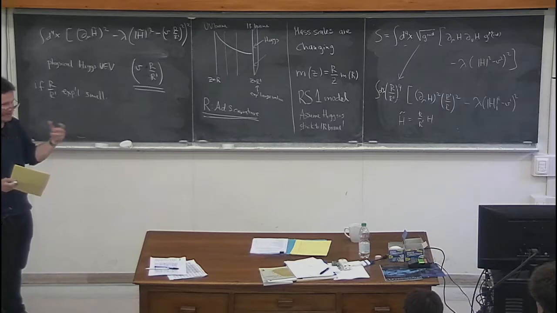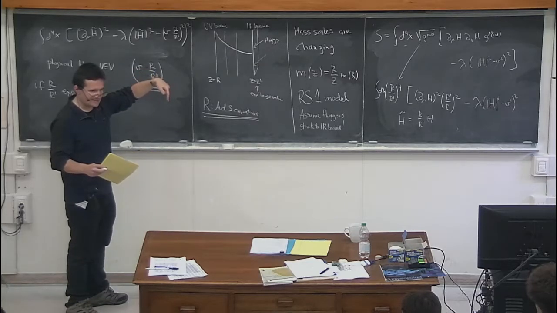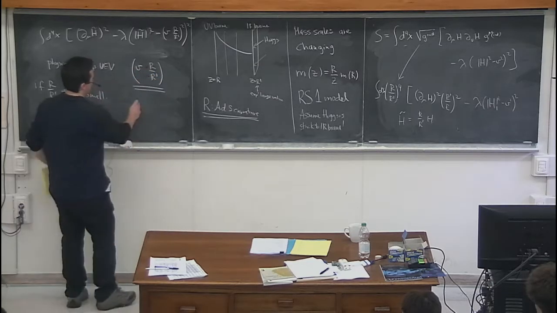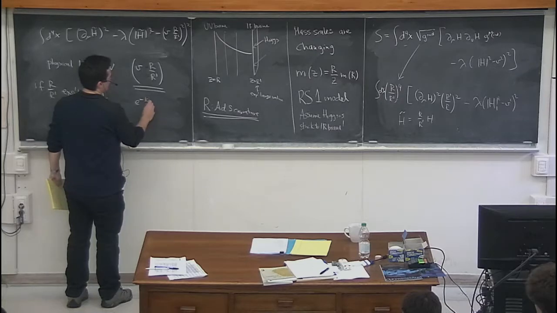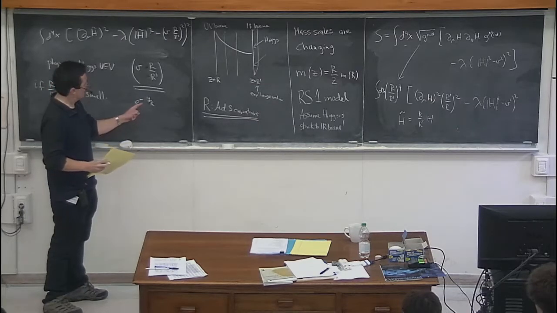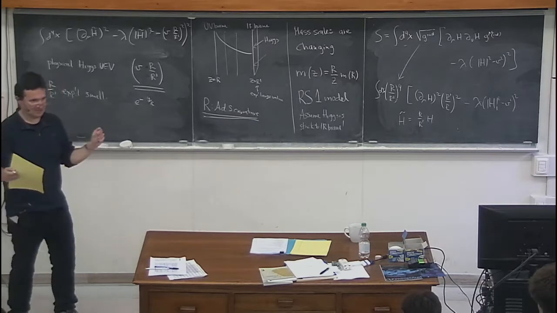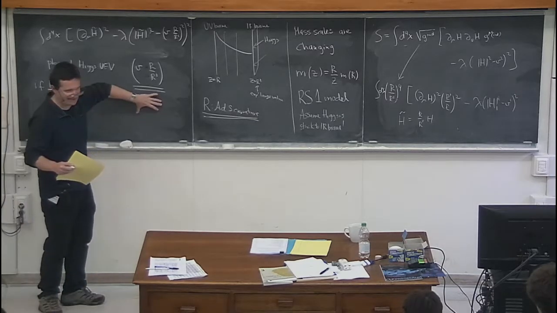That's the one thing that is easier to see in the other set of coordinates, those y coordinates, because in that set of coordinates the metric looks like e to the minus y over r. So actually that y distance there is not exponentially large, but the exponential comes from the fact that the prefactor itself has an exponential function.